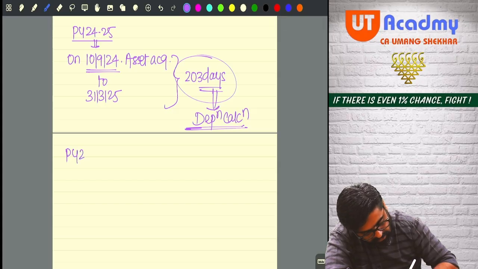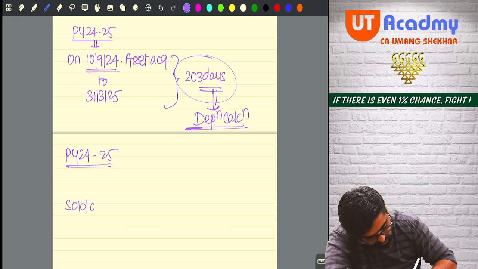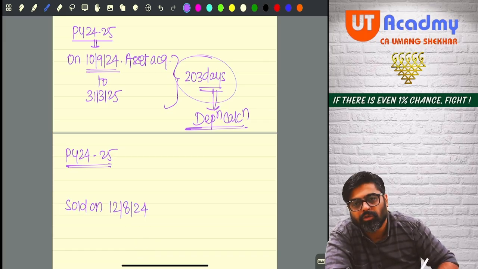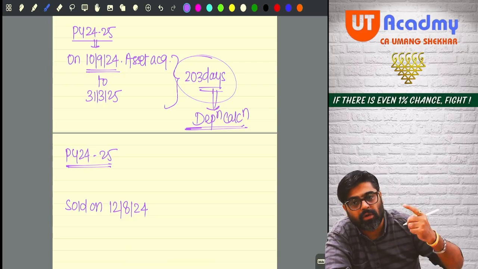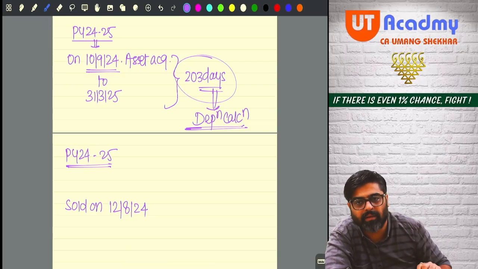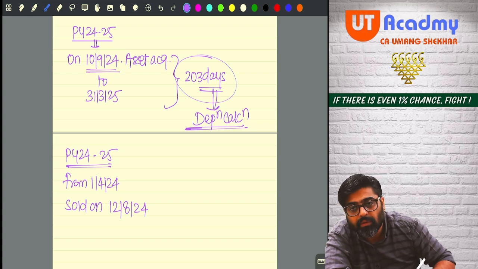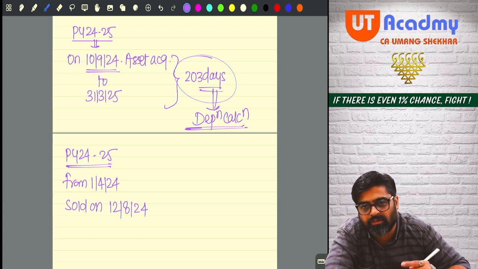During the previous year 24-25, the asset was sold on 12th of August 2024. So can I say the asset which was already there in my business since the beginning, from 1st April 2024, that asset was used in my business since the beginning, but that asset I sold on 12th of August 2024.